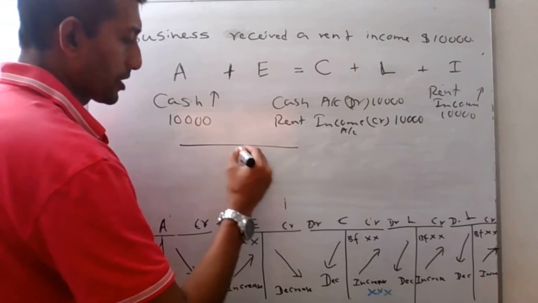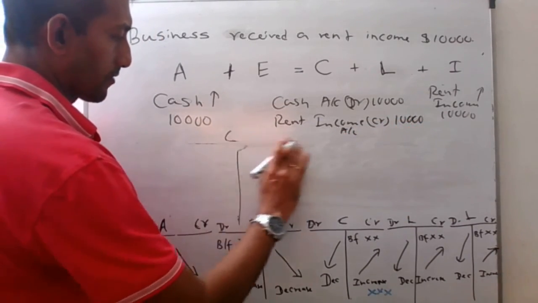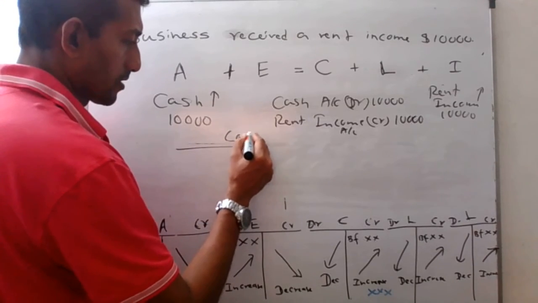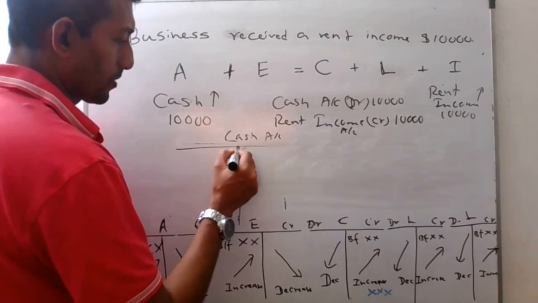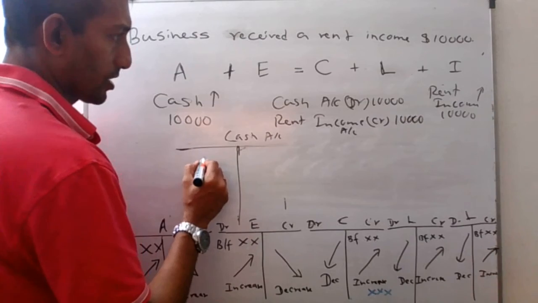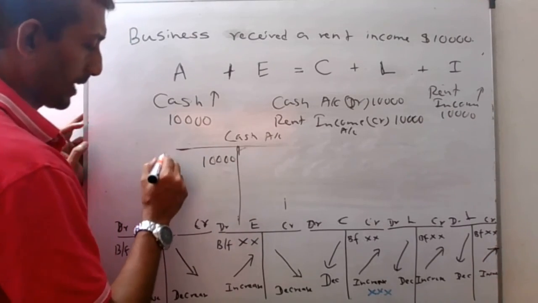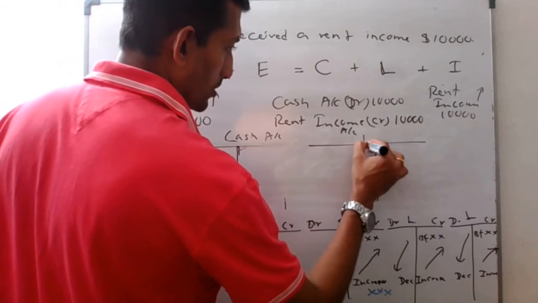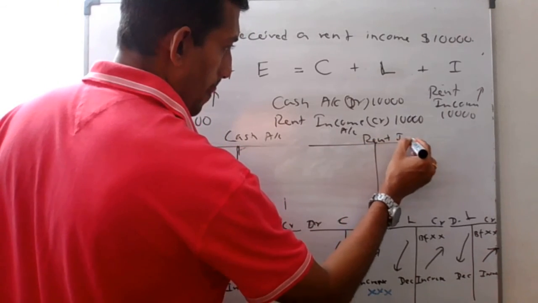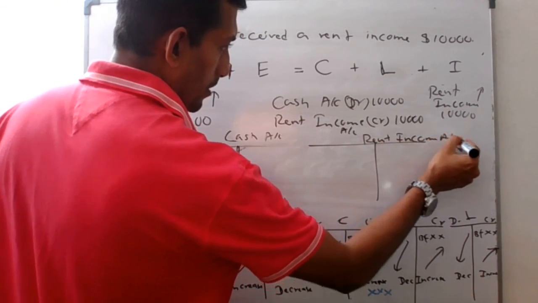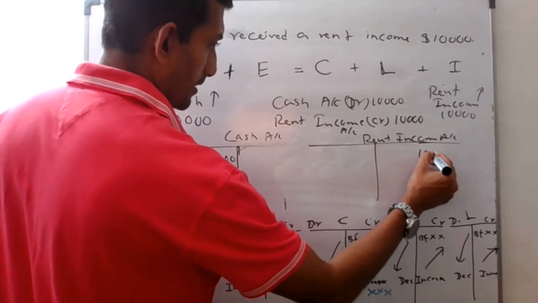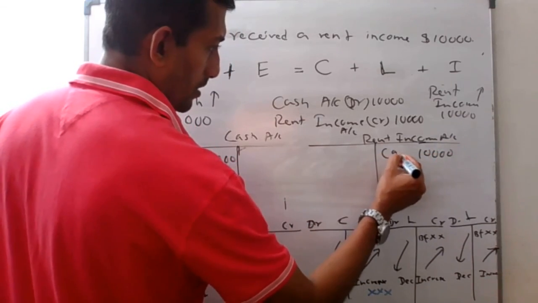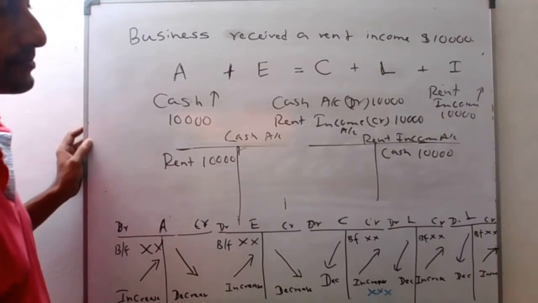So if I put it into the ledger, I will have cash where I'm receiving cash of 10,000 and we say rent, and the rent income account would be credited 10,000, and we call the other cash.